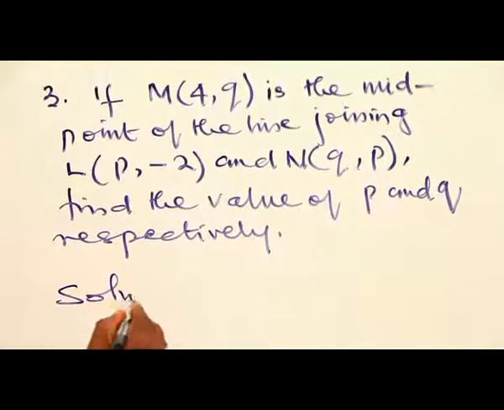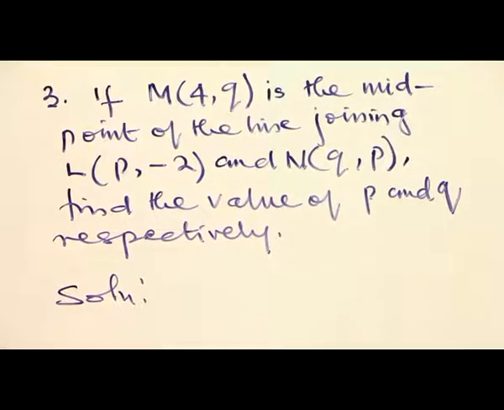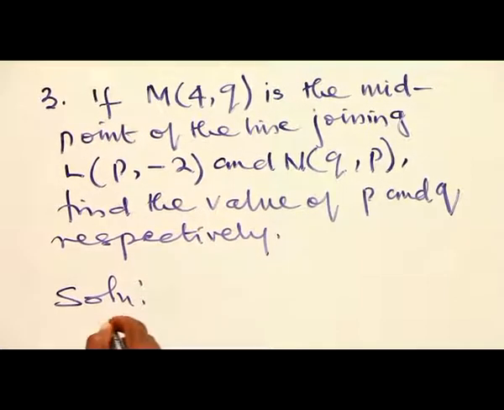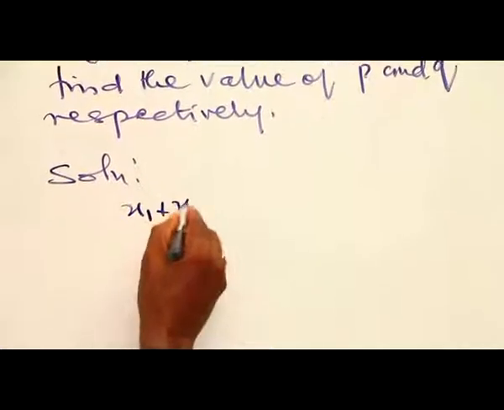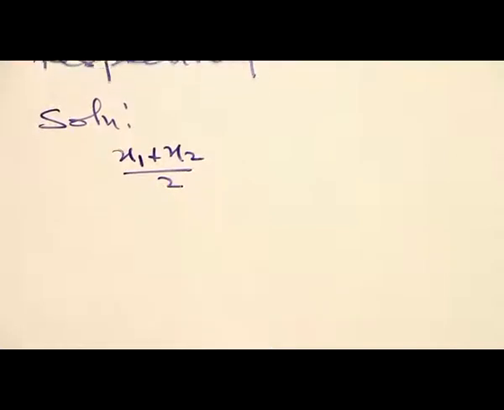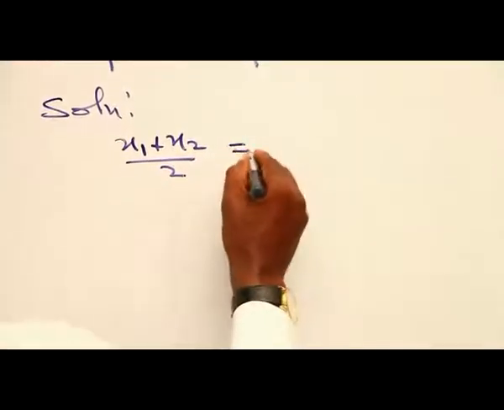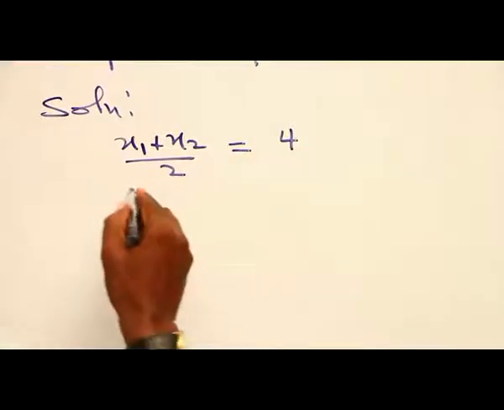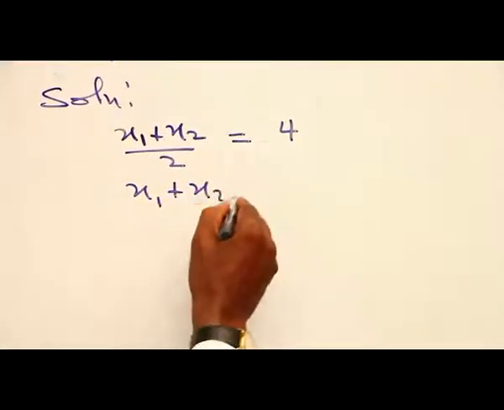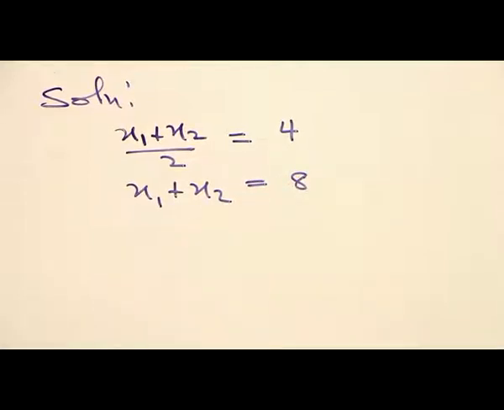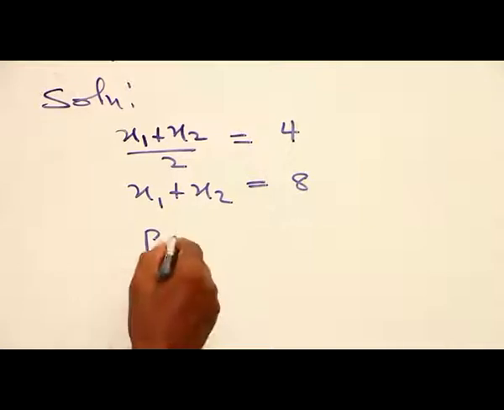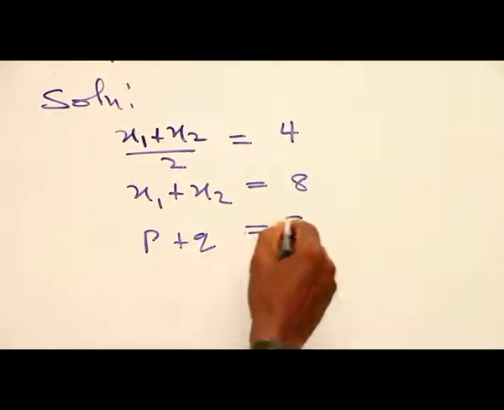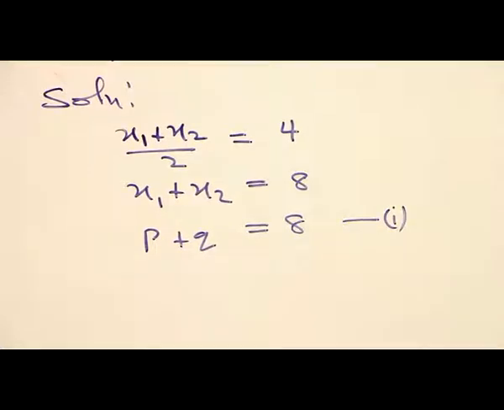Our solution, remember the midpoint theorem, and here we have that our (x1 plus x2) all over 2 is equal to 4. Therefore, x1 plus x2 is equal to 8, cross multiplication. And here, our x1 actually is P, and our x2 is Q, and that is equal to 8. Call this your first equation.